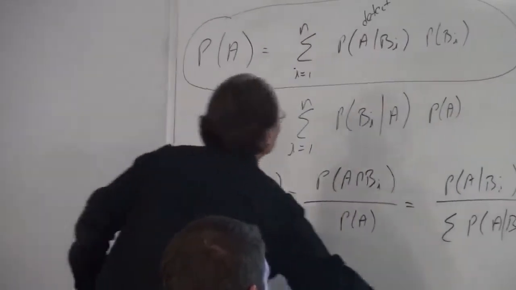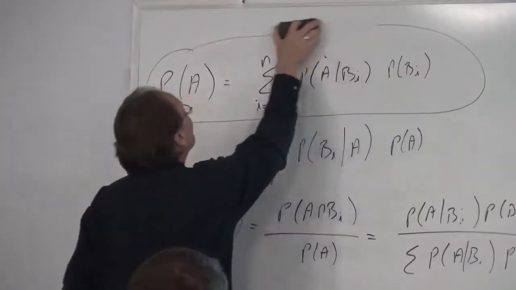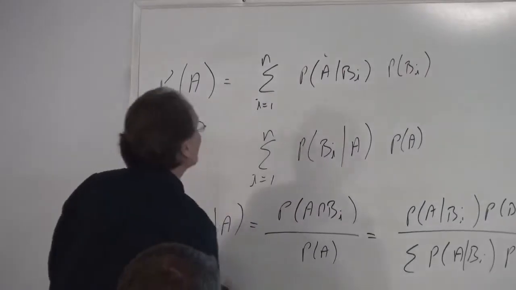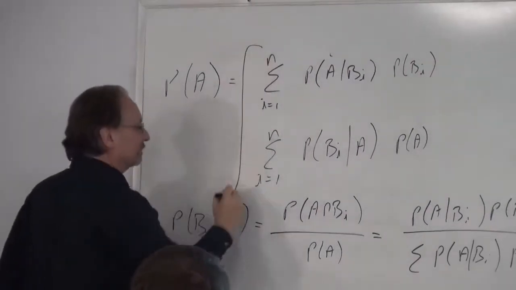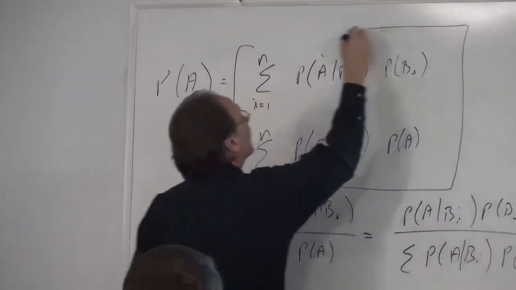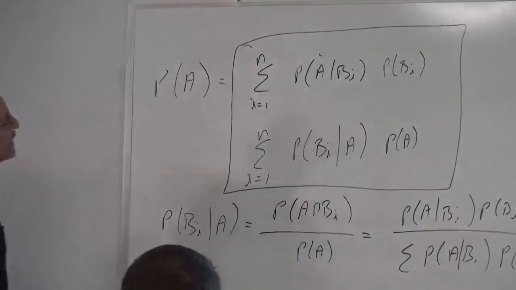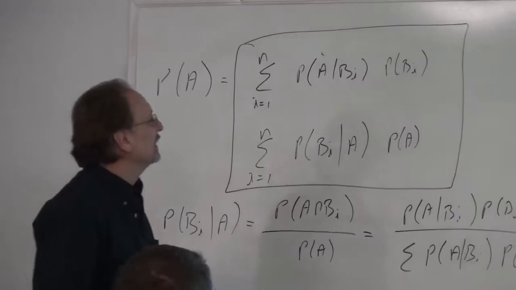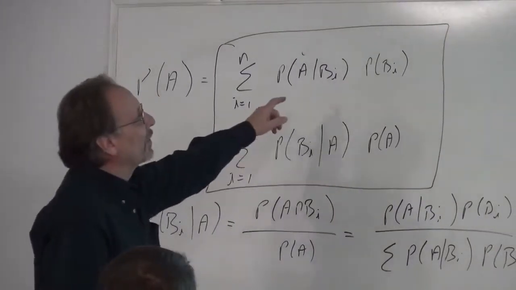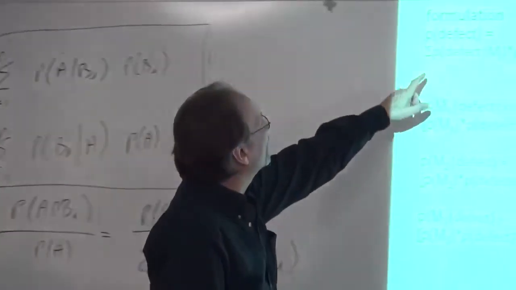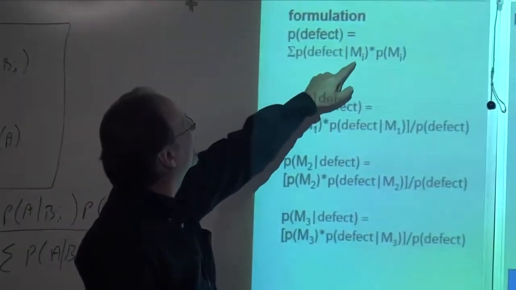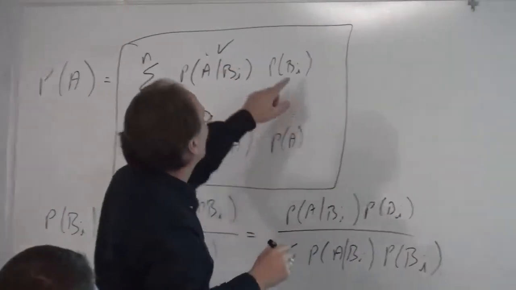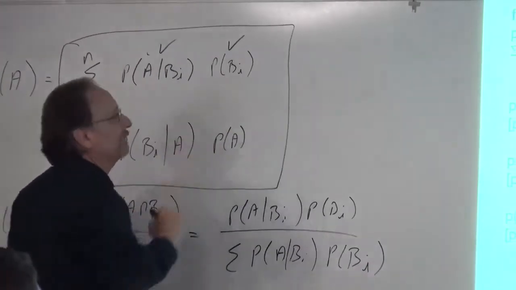Actually, what I'm doing is I'm using this equivalent right here, because we know that they're both equal to the probability of a defect. And I have already calculated the probability of defect given machine 1. So I know this, and I know what the probability is of coming from machine 1.